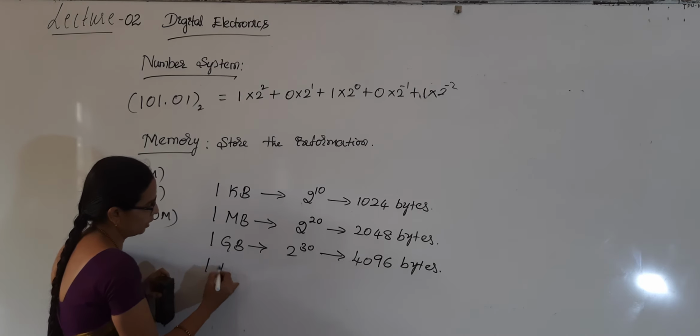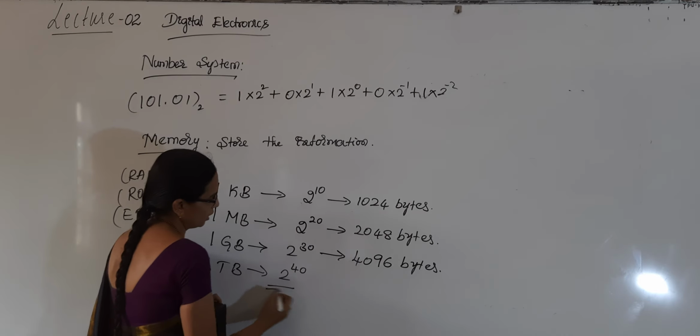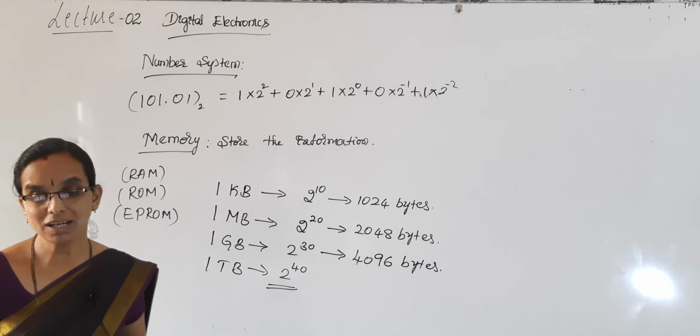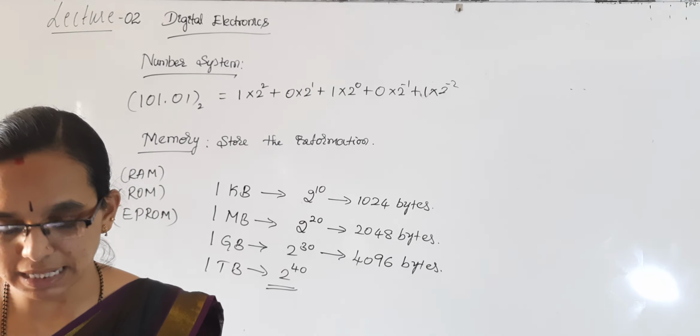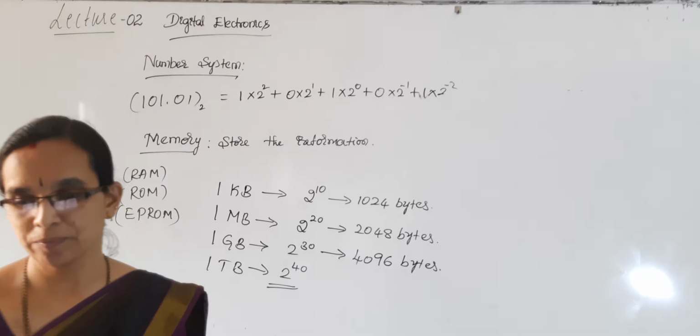And 1 terabyte is equal to 2 to the power of 40. These are all the memory representations used in digital circuits.